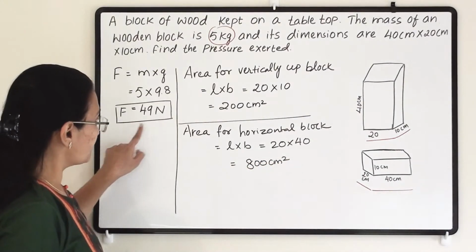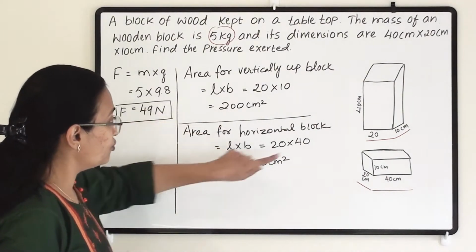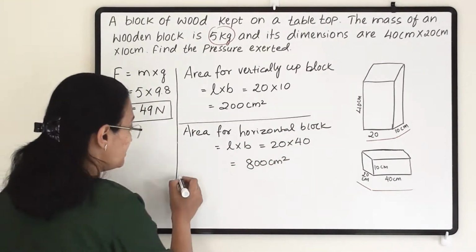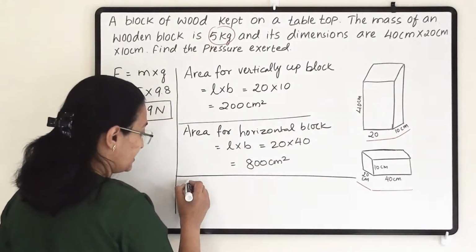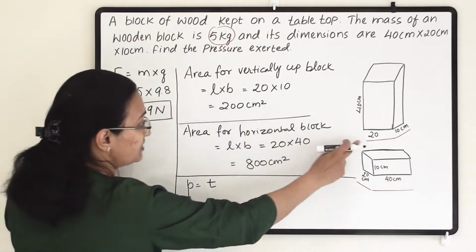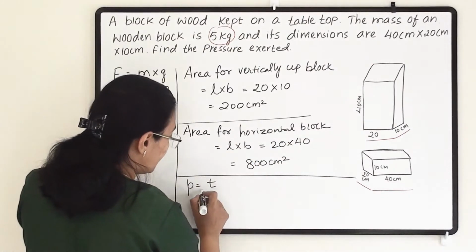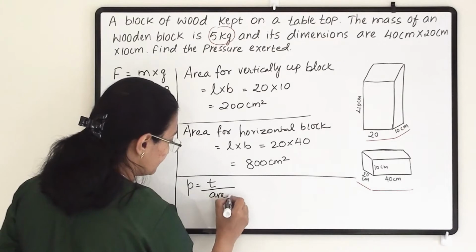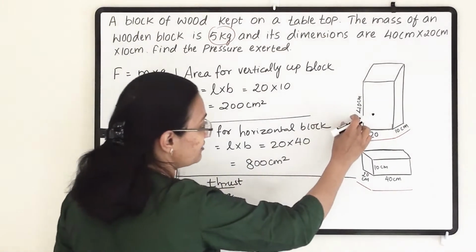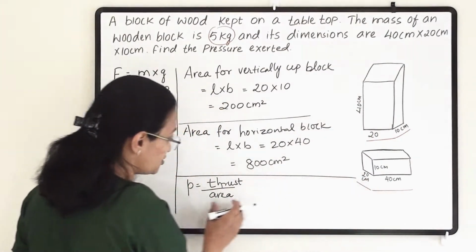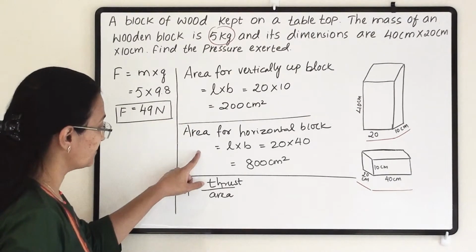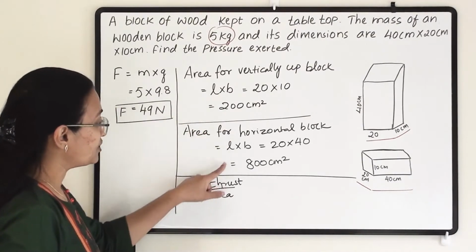We have force and area for both situations. Now we will find the pressure, and we know the formula: pressure equals thrust, that is the force applied, divided by area. Thrust will remain the same for both situations while the area changes.